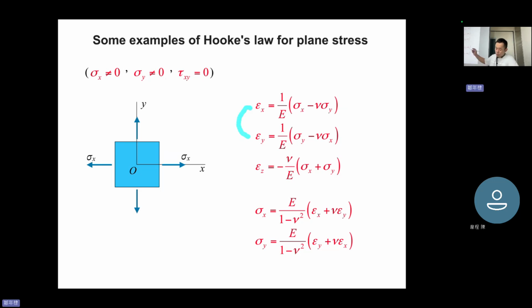So if you just combine them together, you want to determine sigma x. Okay, so you can manipulate these two equations. You can obtain sigma x equal to blah blah blah blah.